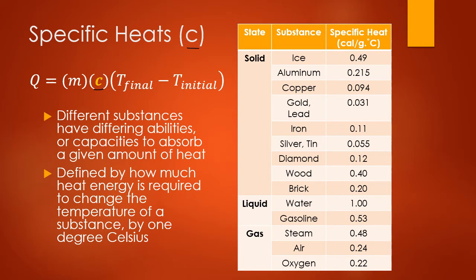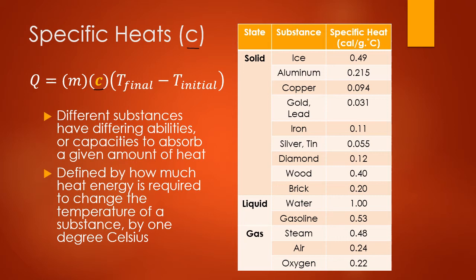Would you rather step outside onto a metal deck or onto a wood deck? I would prefer to step out on wood because it's not going to feel as hot as a metal deck would feel. Well, why is that? It's actually due to the specific heat.